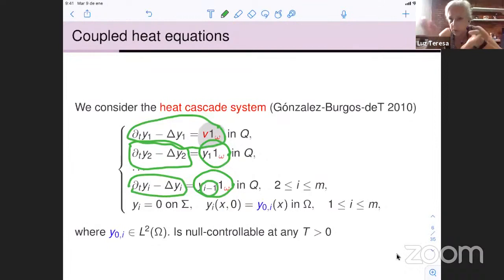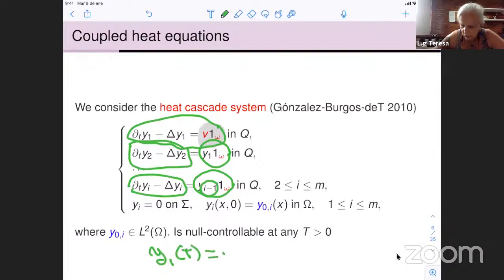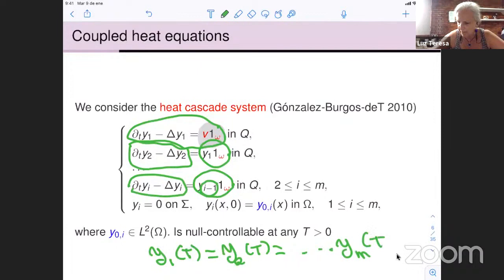So we know in this situation that you can control, you can drive to 0 all the solutions. So you can get y1 of capital T equal to y2 of capital T equal to ym of capital T, and this can be 0. So this is called null controllability.